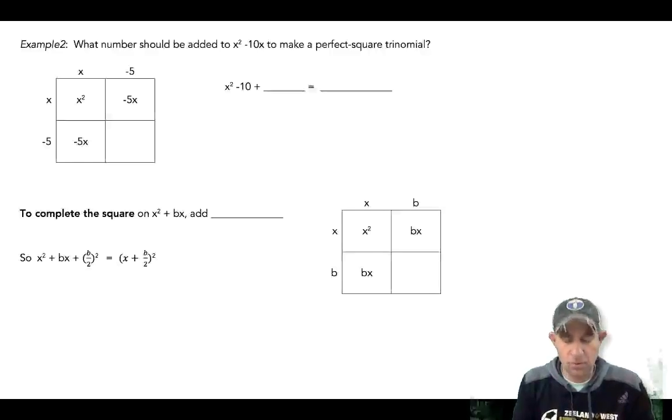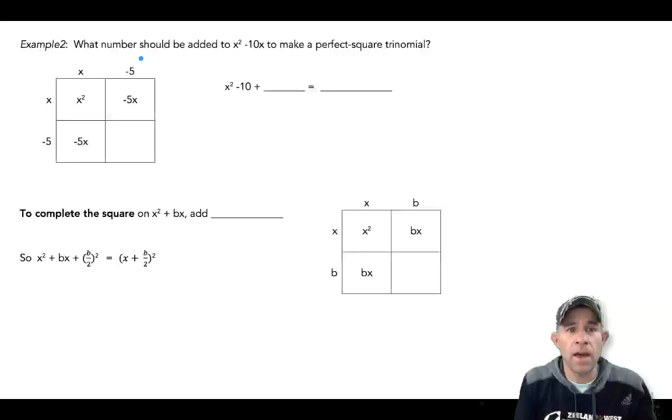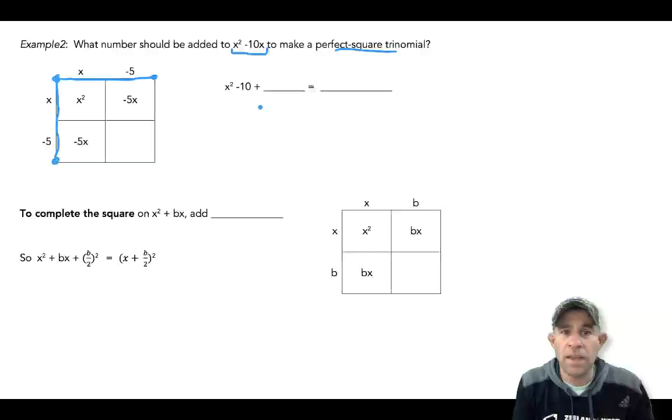All right, in example 2, we want to add a number to x squared minus 10x to make a perfect square trinomial. Again, we're going to create our little square here, and we start off by just taking half of negative 10 and allowing that to be our column 2 in row 2. When we square x and x, we get x squared.